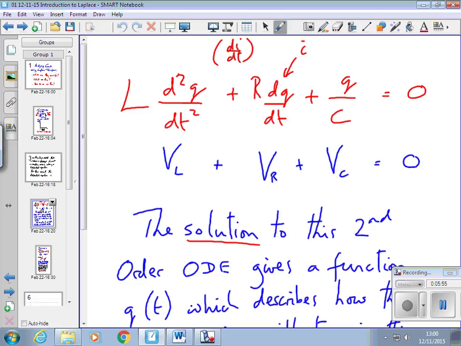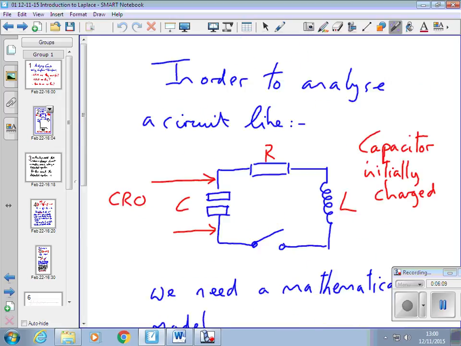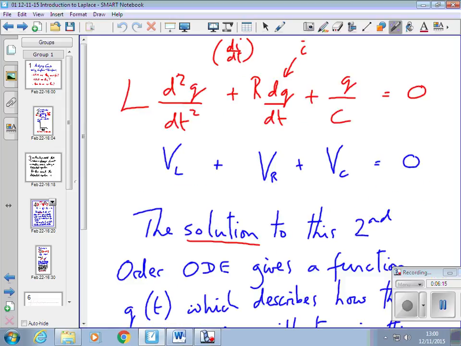This term here is to do with the inductor. The clue is in the L that's here. If we look back at our circuit, with the inductor in the circuit, then I know that each of the terms in here is describing a voltage.